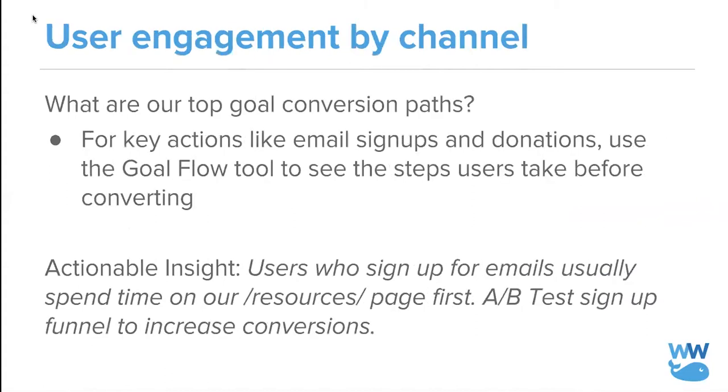The last would be, what are our top goal conversion paths? Again, within that conversions tab, look at those extra functions like goal flow and steps to goal conversions to see exactly how users are moving through your site towards the goal completion point. An insight we may draw from analysis like this would be that users who sign up for emails usually spend time on the resources pages first. So how can we leverage those resources pages, or how can we change them to increase the number of email conversions?